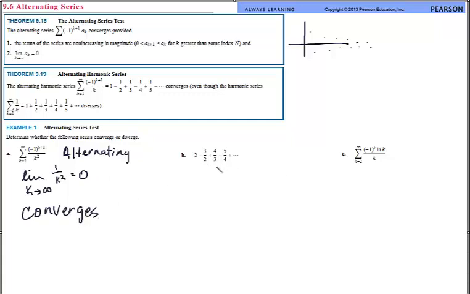Now I need to come up with a way to write these. I see that it's alternating, so we can write that it is -1 to the k plus 1, and then I could write that these terms a sub k are, I'm just going to write this as 2 over 1 so that I could see it a little clearly.